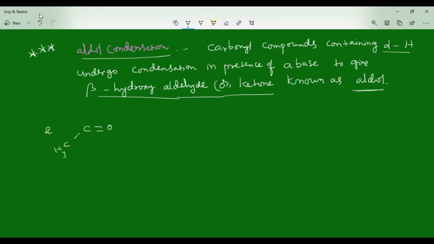Taking 2 moles of acetaldehyde in the presence of a base, the reaction completes and gives a compound called beta hydroxy aldehyde. So this is called aldol.